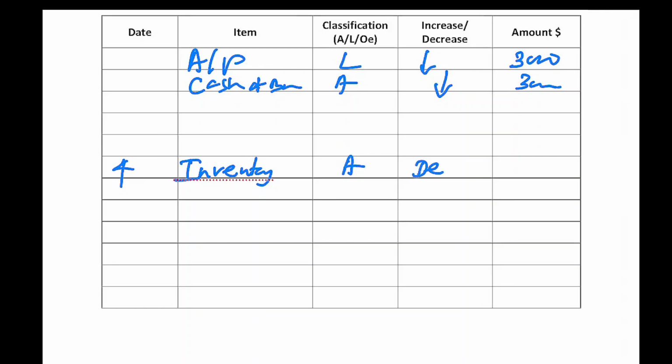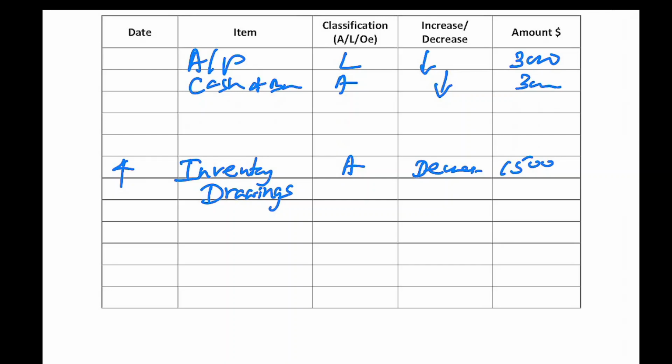Decrease 1500. What is the other item? Drawings. Correct. Then what we would do here is drawings. What is the item?